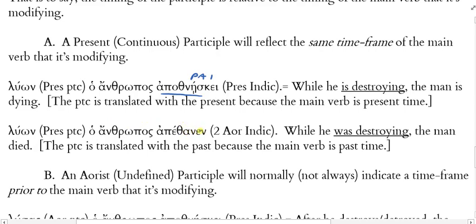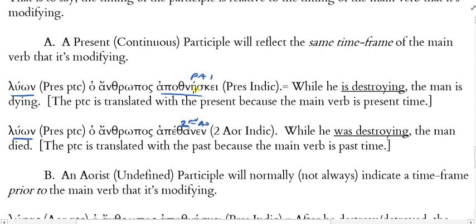That is a second aorist active indicative verb form here. And that's what time frame? Past. Okay? So the participle luon is the same as the participle luon above, but here I'm going to translate it as while he was destroying. Why? Because the main verb is past. The man died. In other words, both of these participles are indicating something contemporaneous with the main verb.